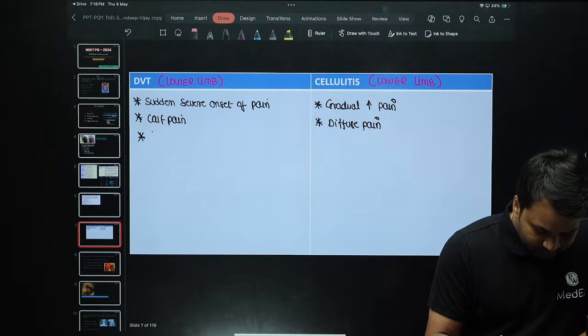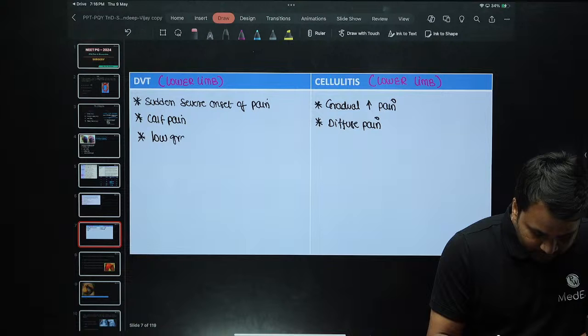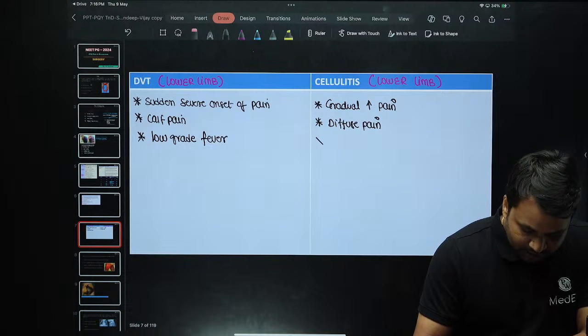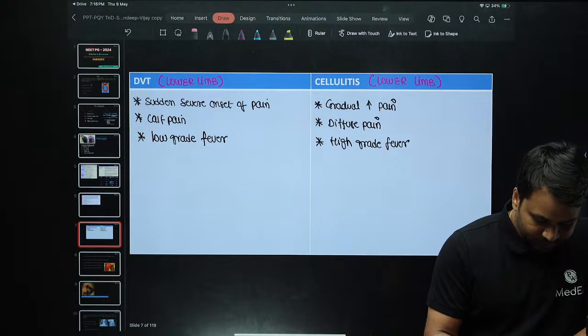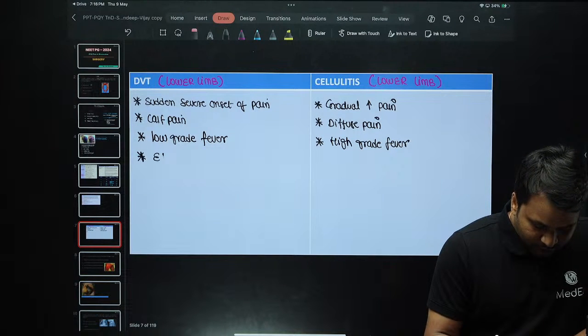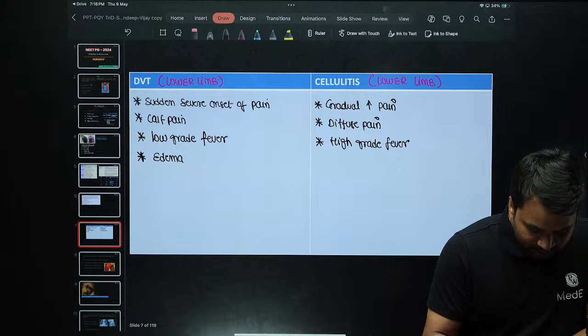DVT will have low grade fever. Cellulitis patient is usually associated with high grade fever. Here the patient will present with swelling and edema, but remember it is initially pitting.